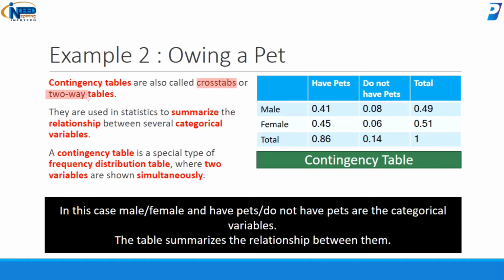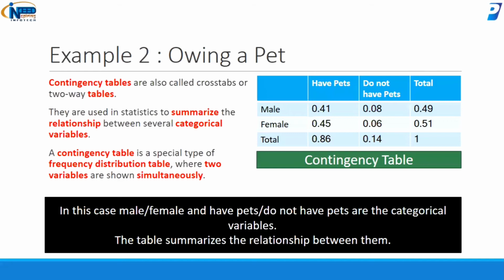Because this table helps us summarize the relationship between categorical variables. In this case, male and female is one categorical variable, and have pets and do not have pets is another categorical variable, and this table gives a summary of the relationship between these two variables.